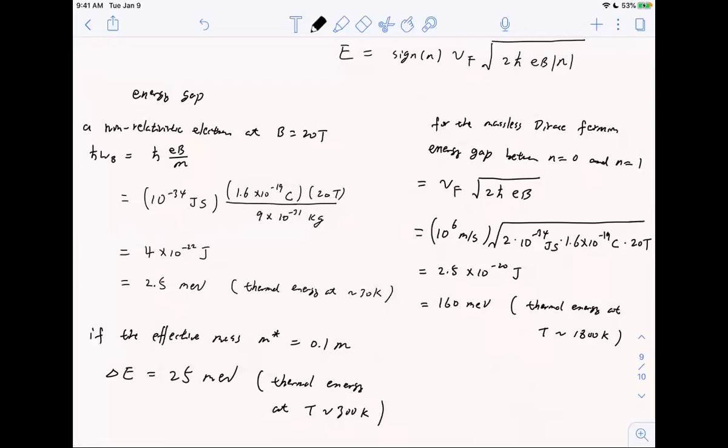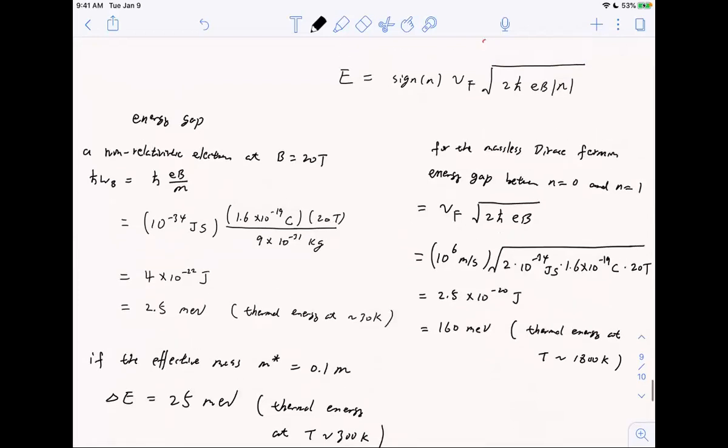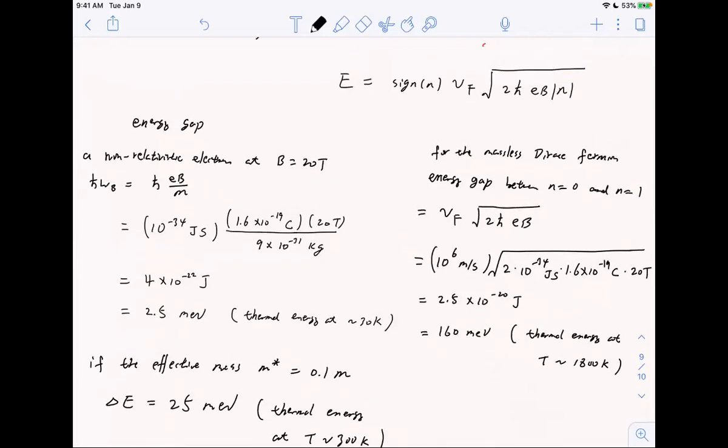I'm just curious that if the effective mass is so small, then it may not be valid non-relativistically. I mean, relativistic or non-relativistic basically means whether it is described by the p square over 2m Hamiltonian, which is always non-relativistic.